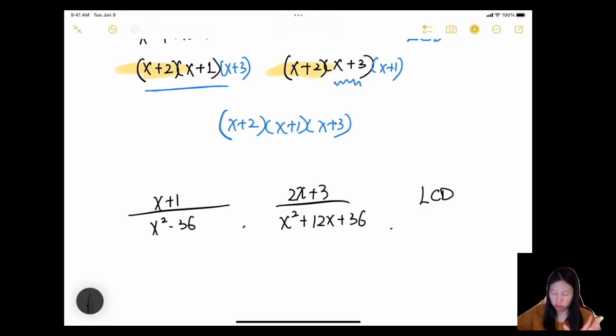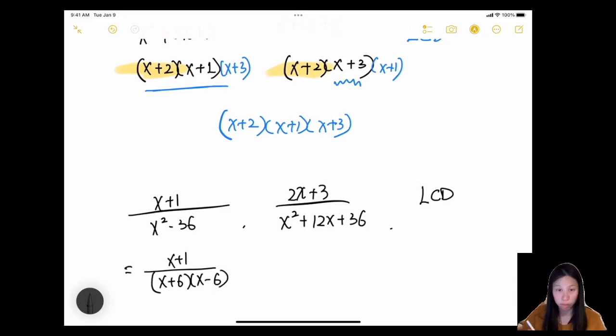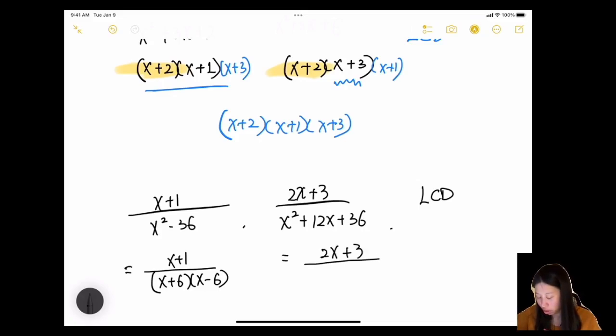First step, always try to factor it out. For the first one, when you factor it out, you have x plus 6 times x minus 6, the difference of squares. The second one, you can use the AC method, or you can see it as a perfect square polynomial, which is x plus 6 squared.